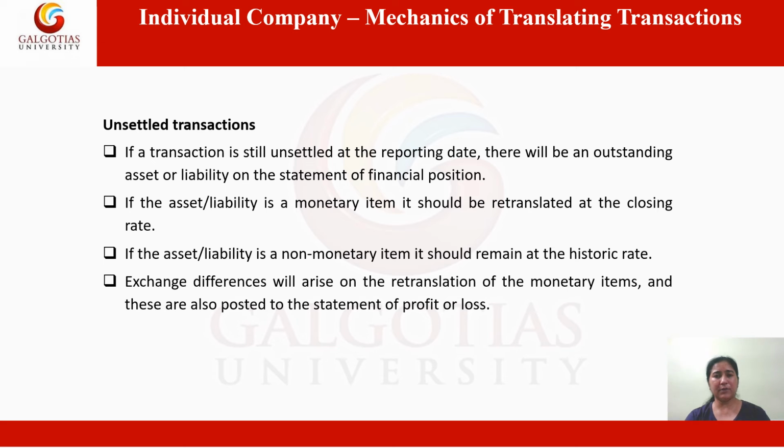However, if the asset or liability is a non-monetary item, it should remain at the historic rate in the books of the company. Exchange differences which arise on the retranslation of the monetary items are also posted to the statement of profit or loss of the business entity.